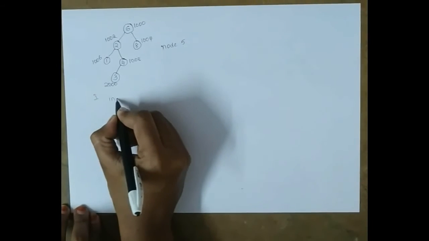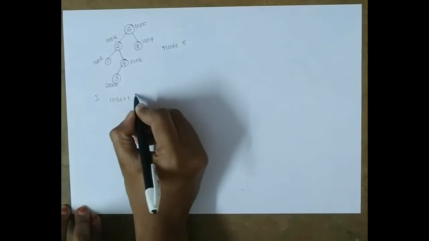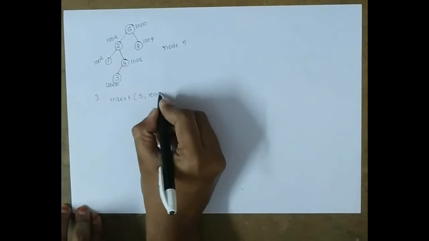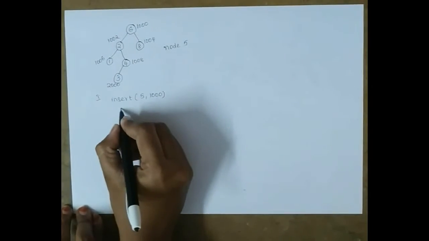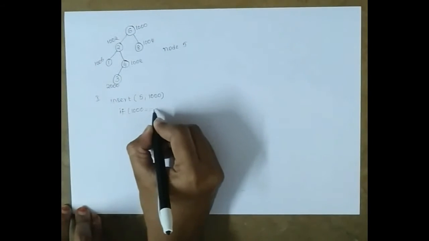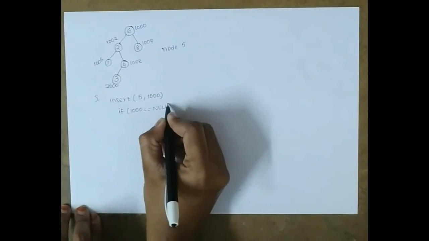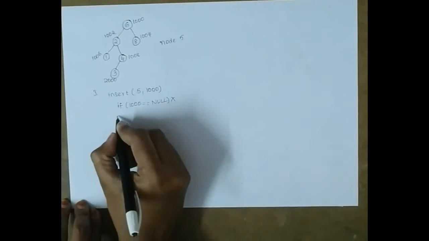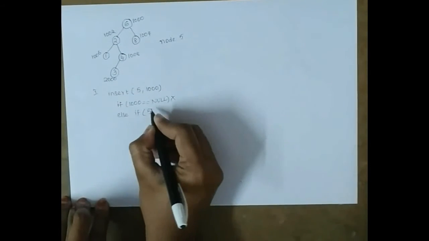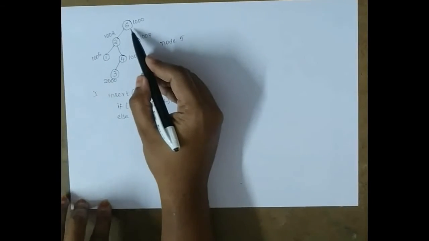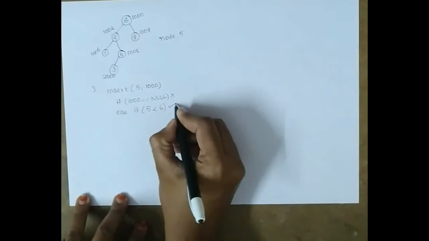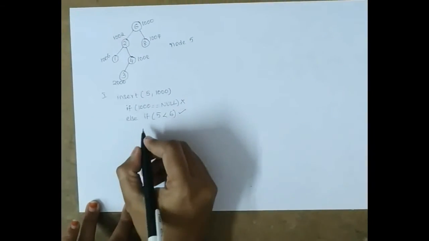Insert 5 comma, and our initial root address is 1000. So I am checking with the if condition whether our root value equals null or not. 1000 equals null or not. This condition fails. So else if 5 is less than root arrow of data, where root arrow of data is 6, 5 is less than 6, the condition is true.